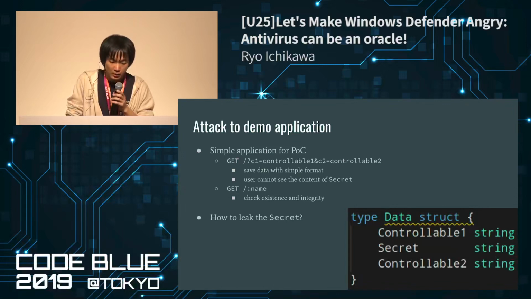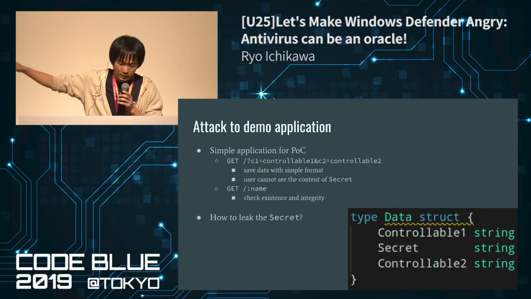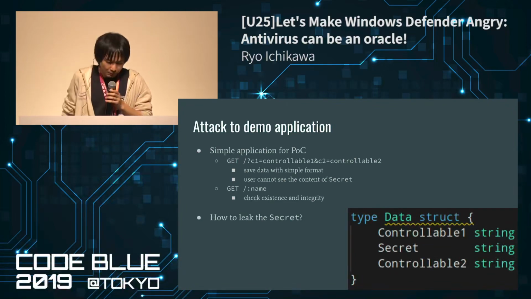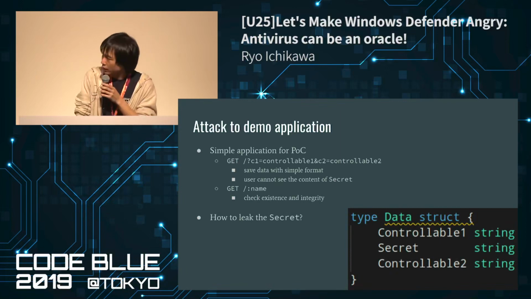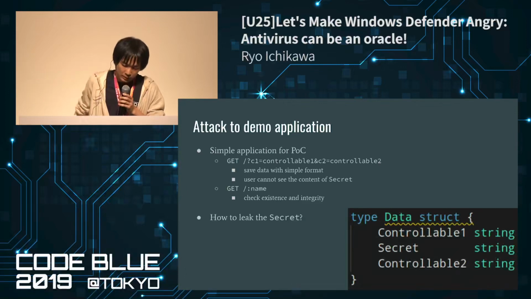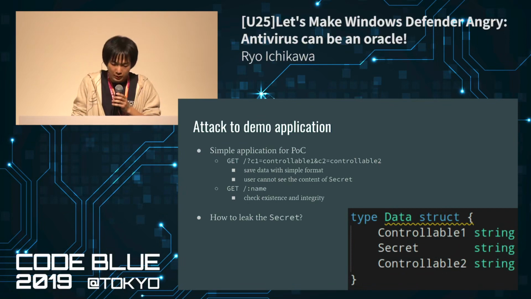They will save data in this format. Of course, the user cannot see this secret. And there is another API to check the existence of this structure of data and its integrity. So under this condition, how can we leak the secret?